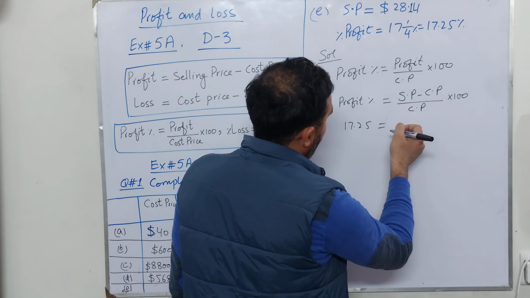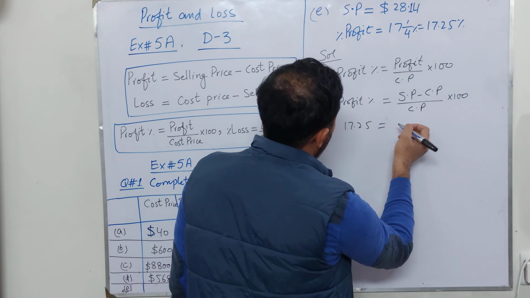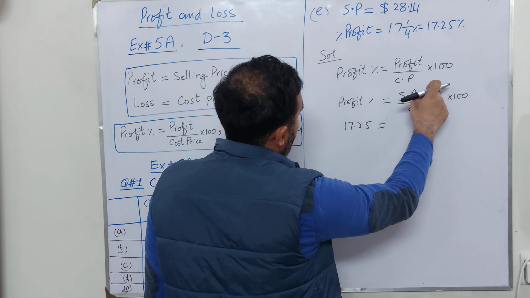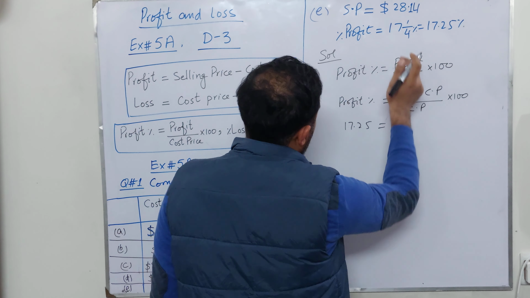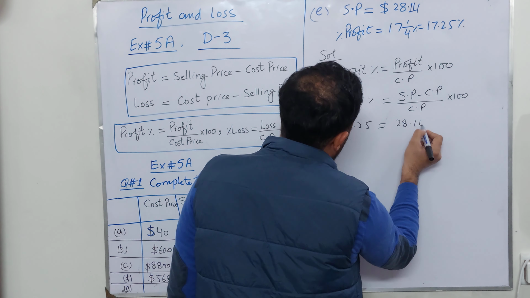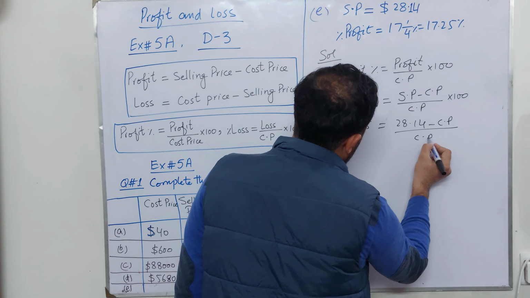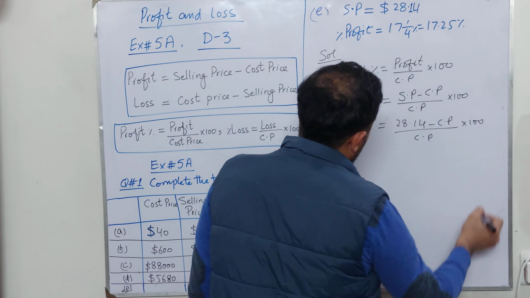Okay, so profit is selling price minus cost price. So selling price is 28.14 and cost price is unknown, and this cost price is also unknown, and this is 100.